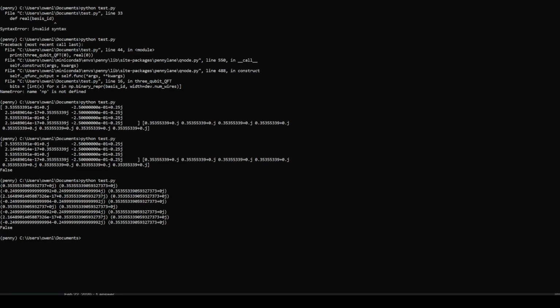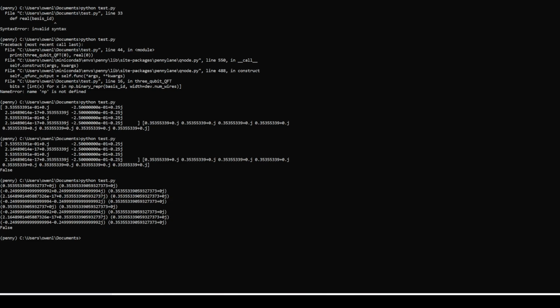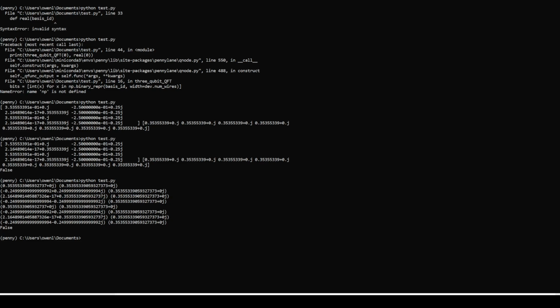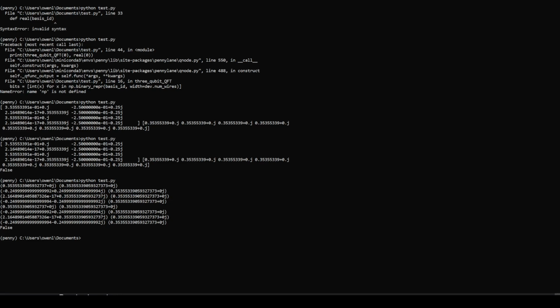Qiskit has some good info on the Fourier transform, so I was just checking what their gates are like. Let's get the CP gate. Qiskit gates.